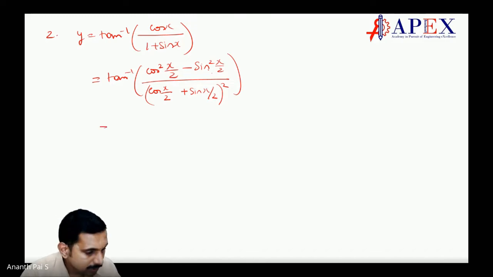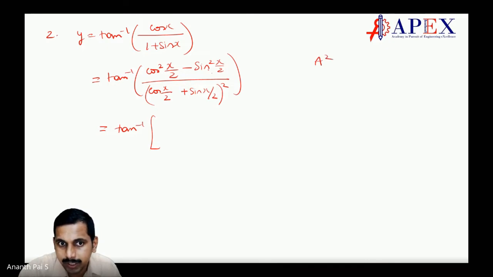That can be equal to tan inverse of, now observe here, this can be cos square x by 2 minus sine square x by 2. This is like a square minus b square divided by a plus b the whole square, correct?